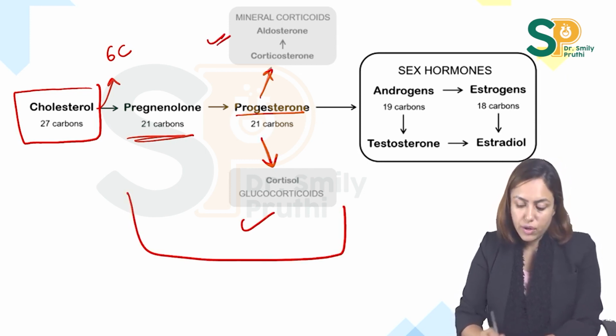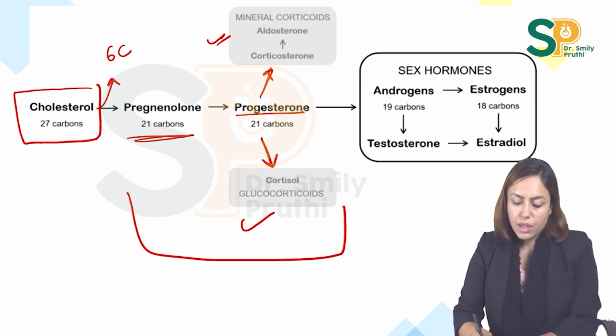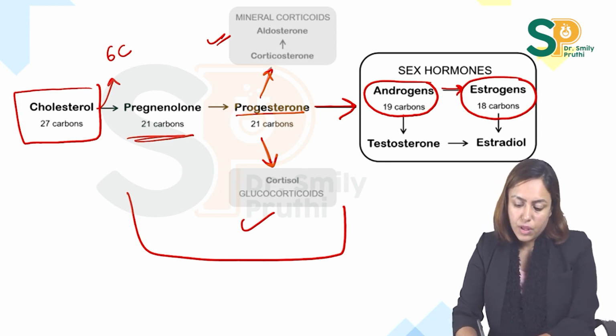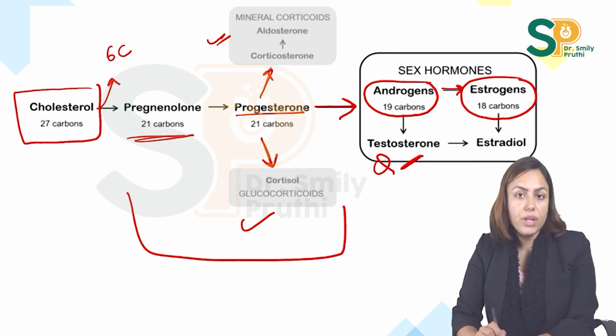So all these have 21 carbons. Now progesterone will be converted to androgens, which have 19 carbons, and then estrogens, which have 18 carbons. So this also can be an MCQ: testosterone has how many carbons? It is 19. Estradiol has how many carbons?